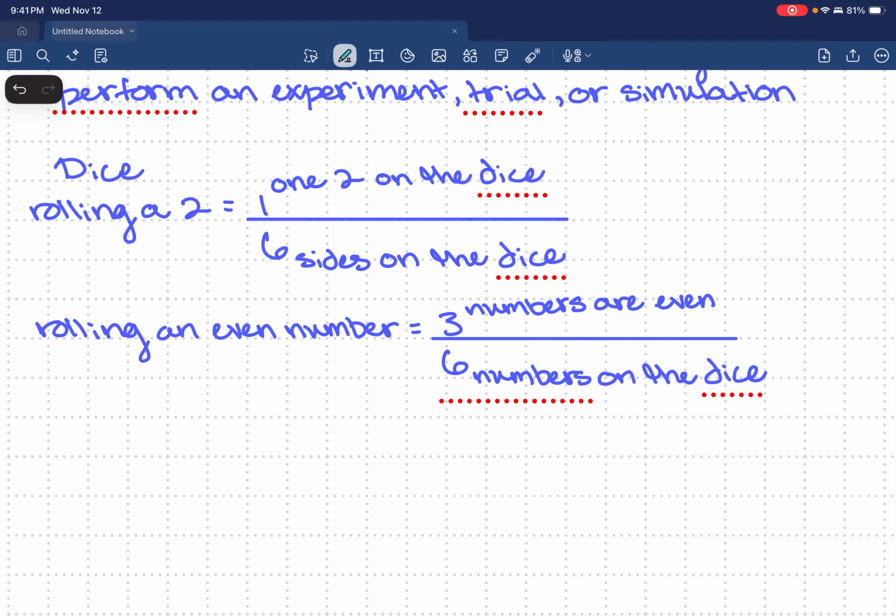So 3 numbers are even, and 6 numbers are on the die, and you can simplify that to 1/2 because you can divide both of those by 3.